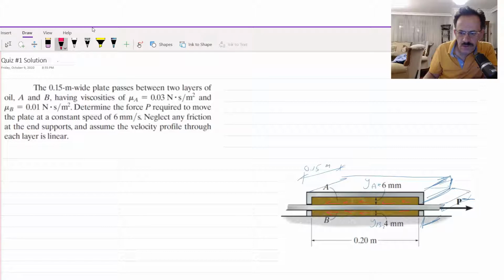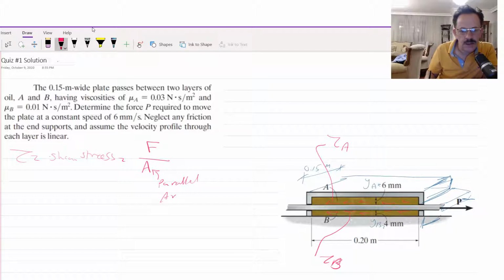This is the shear force, and this belongs to tau A, and this is called tau B. Tau means the shear stress, and it's equal to force divided by the area parallel to the acting force.